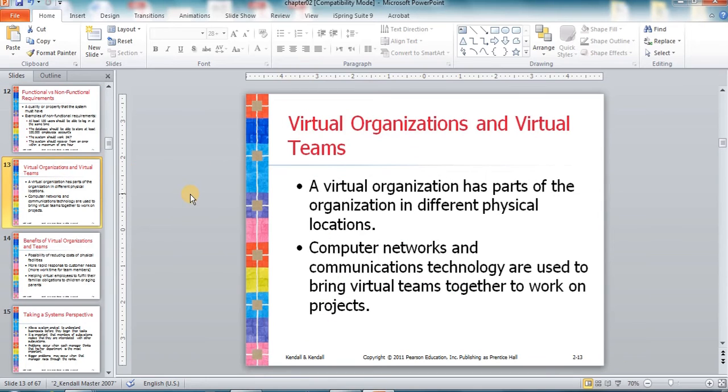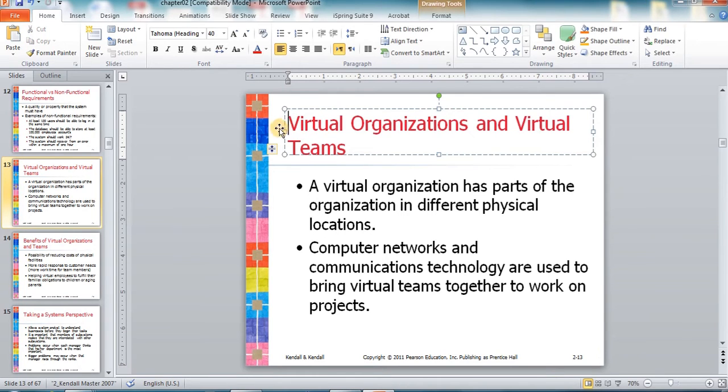Another concept that we want to talk about before talking about the organization as a system is the concept of virtual organizations. This concept is very important, and its importance has increased in recent years, especially during this specific period, due to the situation the world is going through.